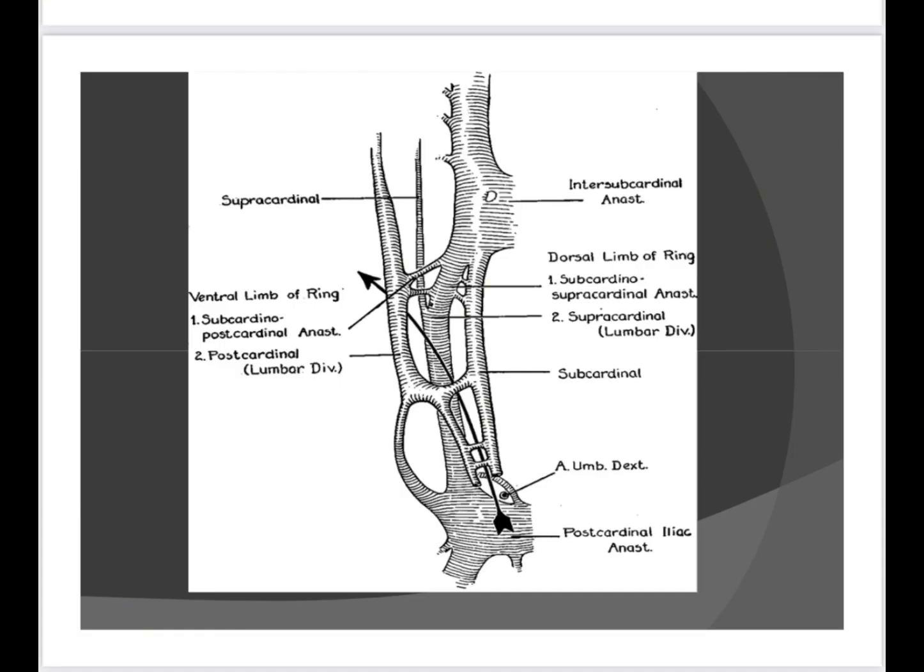You know that we have divided the inferior vena cava according to its development into three parts. The first part is the prerenal, or we call it suprarenal IVC, meaning the IVC which is above the renal vein, and that prerenal or suprarenal IVC is actually developing from the right subcardinal vein.